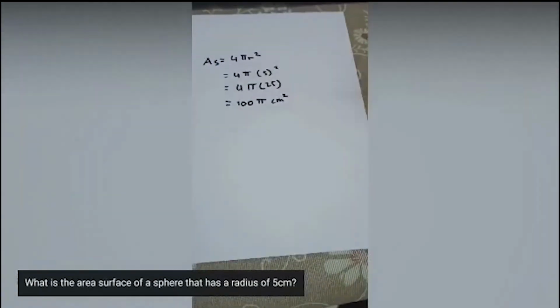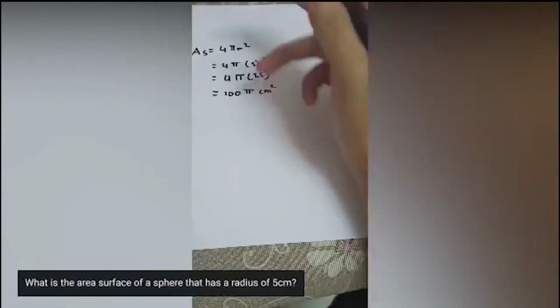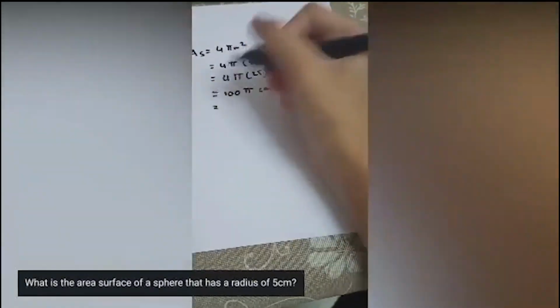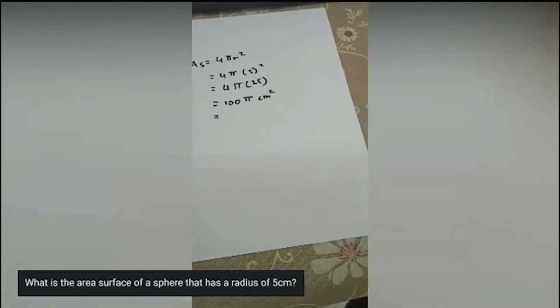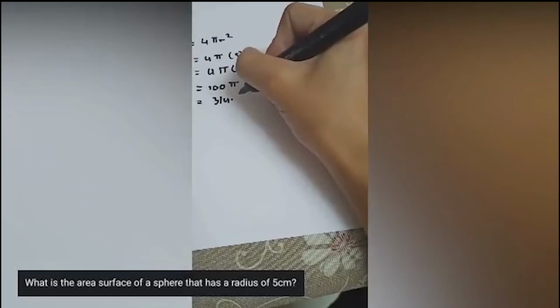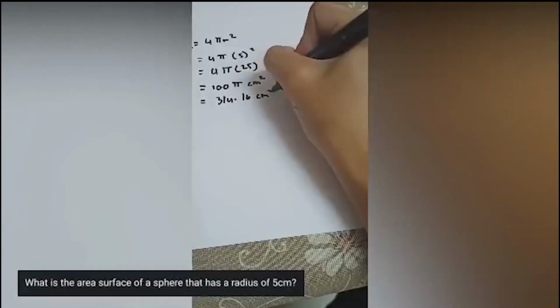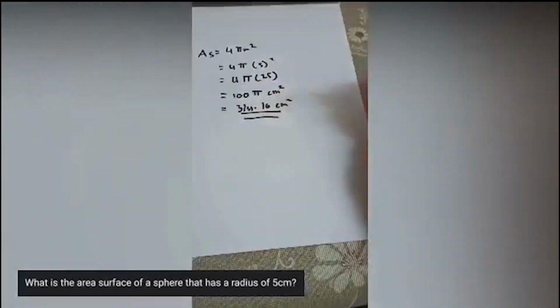Or we just put it in the calculator and change to the decimal point, it becomes 314.16 cm square. So that's the answer.